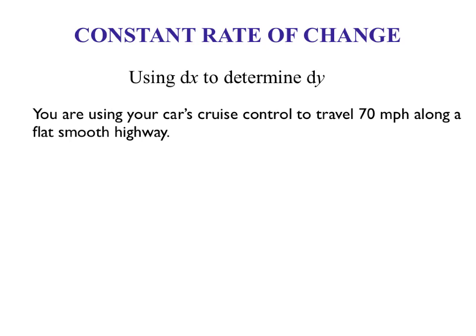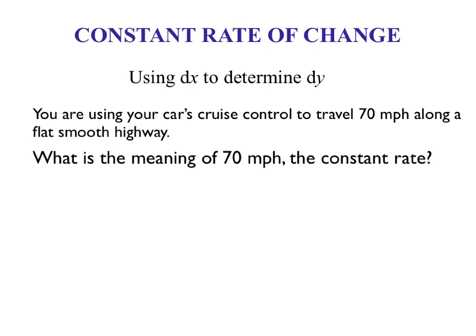Here's an example. You're on your cruise control, 70 miles per hour along a flat, smooth highway. What's the meaning of 70 miles per hour? Autumn, what do you think?